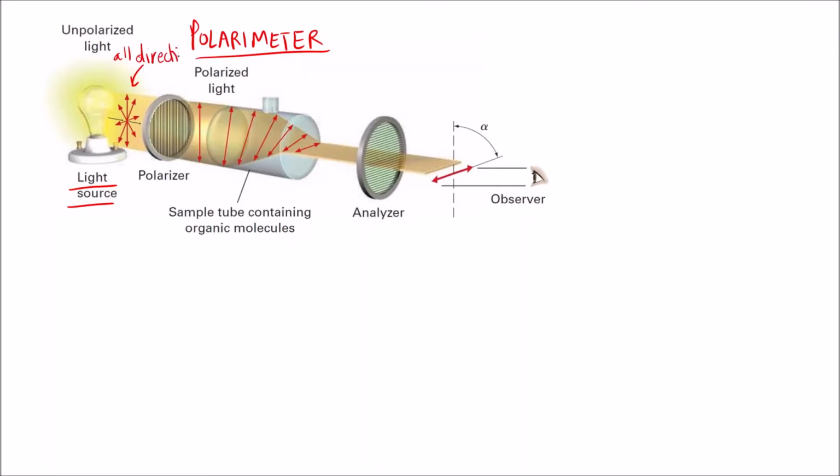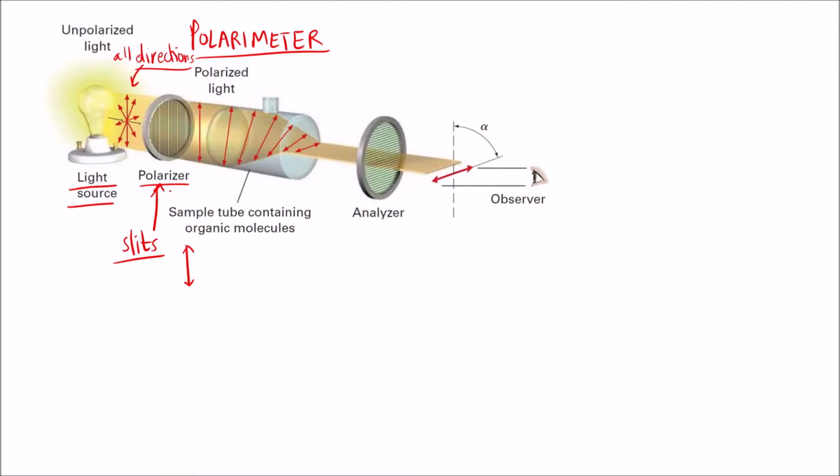We make use of a polarizer which has slits, or openings, in one fixed direction. This polarizer will allow only those wavelengths which are vertical in direction like this, and it will not allow all other wavelengths of light.